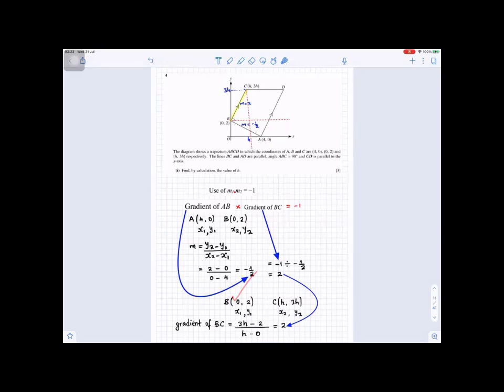B is (0, 2), and C is (h, 3h). So we'll call that x1, y1, x2, y2. So the gradient of BC is 3h minus 2 divided by h minus 0, and that should be equal to 2.